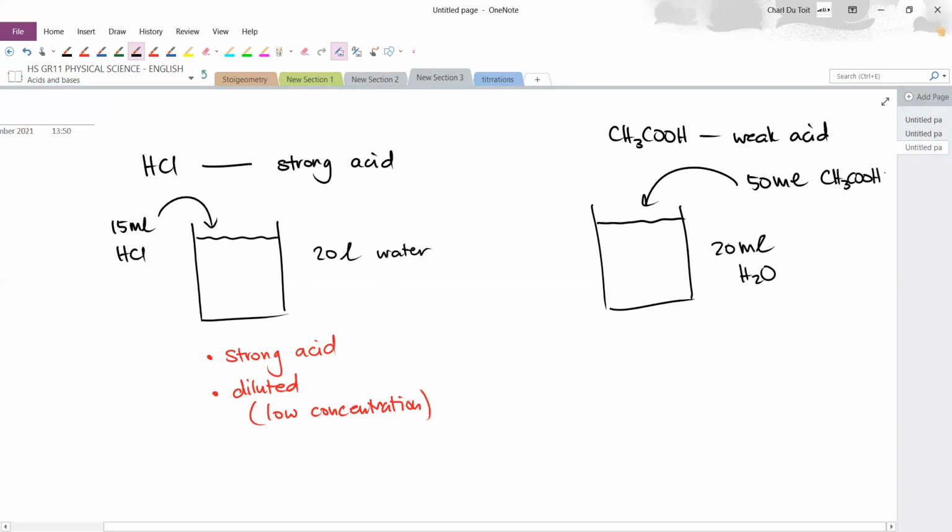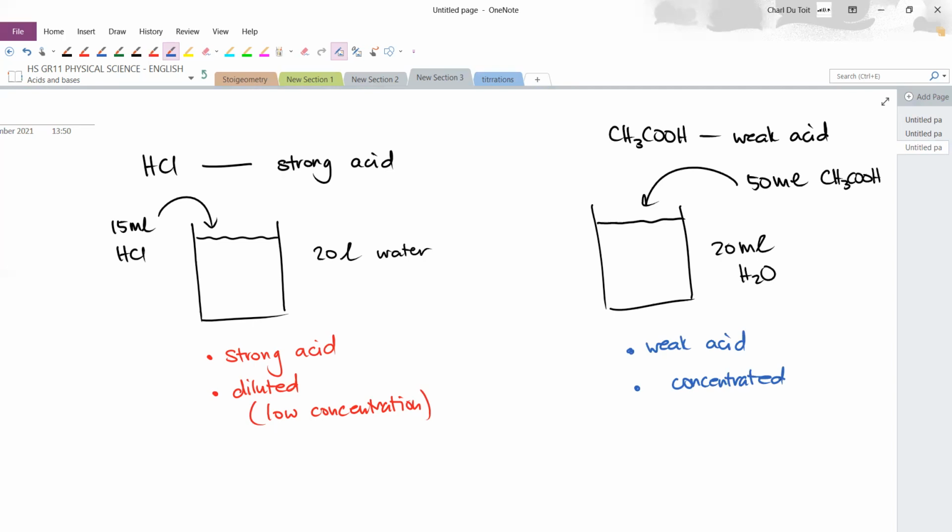There's more acid than water, so we still have a weak acid, but it's concentrated. So you can have a weak acid that's concentrated, or a weak acid that's diluted. You can have a strong acid that's concentrated, or a strong acid with a low concentration or diluted.